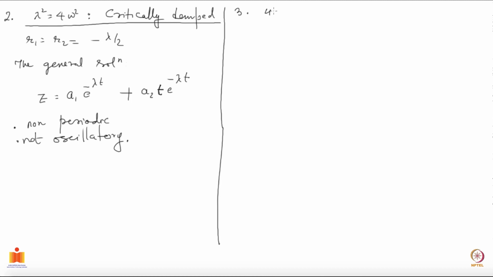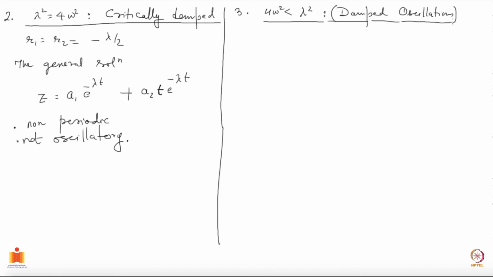So you have 4 omega square less than lambda square, and this we will call damped oscillations. As you can already see in the name, I am expecting that we will get oscillations, unlike the previous two cases where there were no oscillations at all.